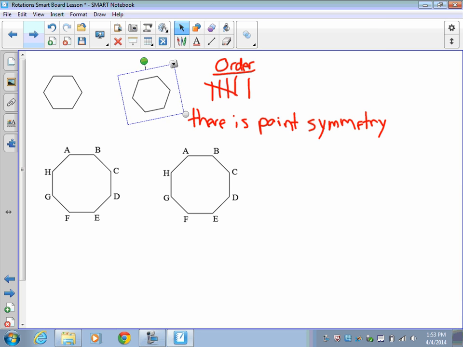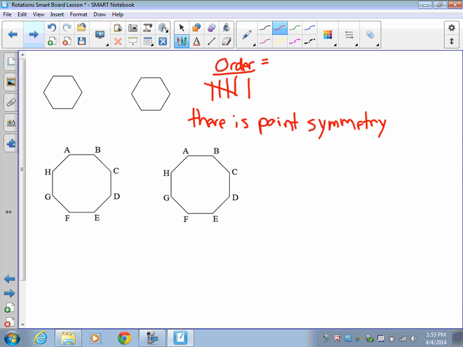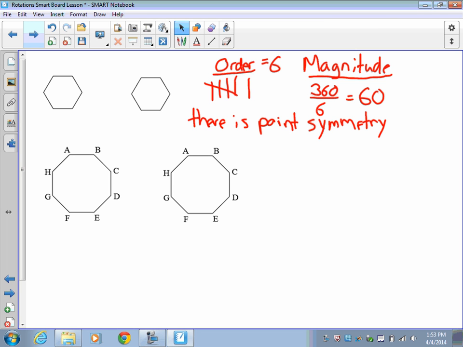And then it doesn't repeat itself until I'm back at the start. So the order is 6. The magnitude is going to be 360 divided by the order, which is 6. So our magnitude is 60. So every time I rotate 60 degrees, I'm going to be back at the same shape.